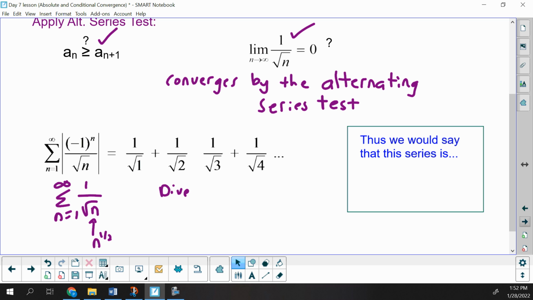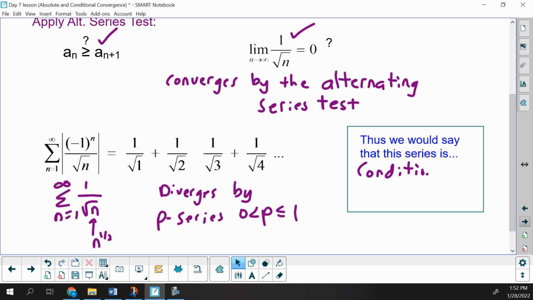So we could say this diverges by p-series, where p is greater than 0, but less than or equal to 1. So therefore, the original series is going to be conditionally convergent.